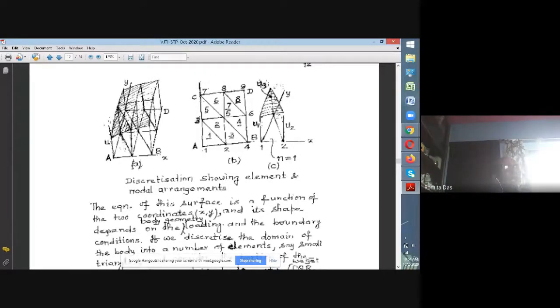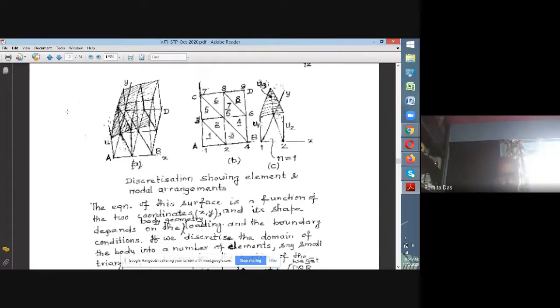Now, if you want to model the actual surface, then you should go for higher order variation of the element. You should make use of not the constant or linear variation, but quadratic variation, cubic variation.